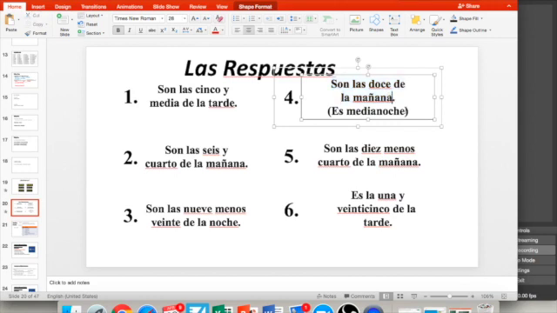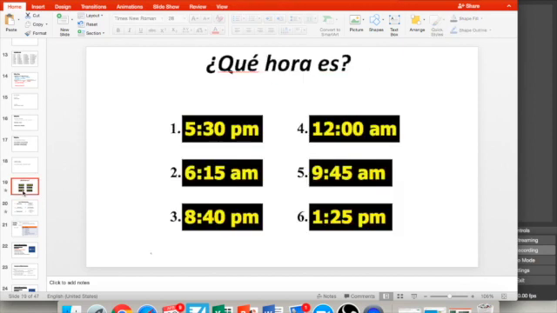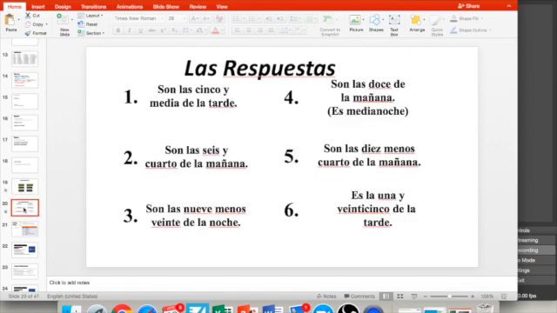Now, I also taught you earlier that for noon, you can say, I'm backwards here. This is 12 o'clock a.m., which is midnight. I always get those confused. Sorry. This is 12 o'clock a.m., which is midnight. So you're going to say son las doce de la mañana, which is 12 in the morning, or we would say midnight.